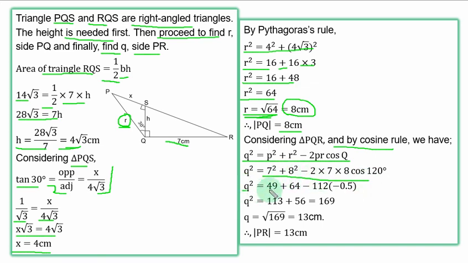When you simplify, you have this result and this result, and finally 169. To get q, you take the square root of both sides, and q is equal to square root of 169, and that is 13 centimeters. Therefore, side PR is equal to 13 cm.